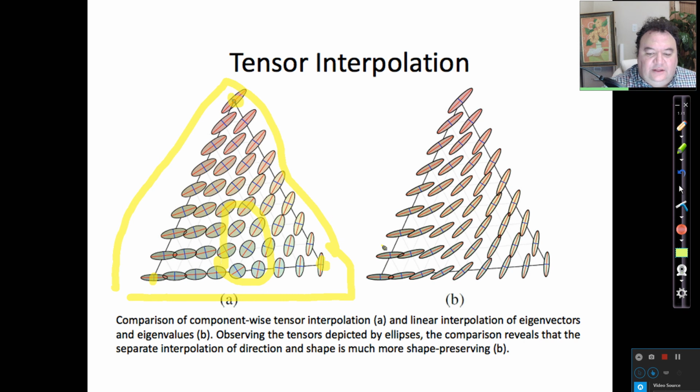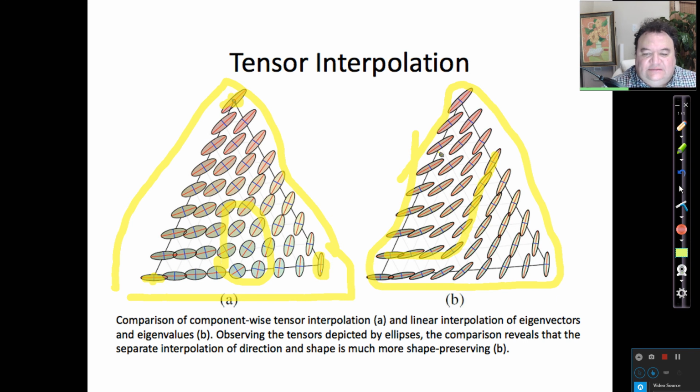With a better way of doing the interpolation, we can actually get the glyphs to maintain their shape, instead of being deformed and squished, and then follow just the rotation of the angle. Maybe it's important to highlight that the glyphs at the corners of the triangle are all three thin and elongated along a direction.